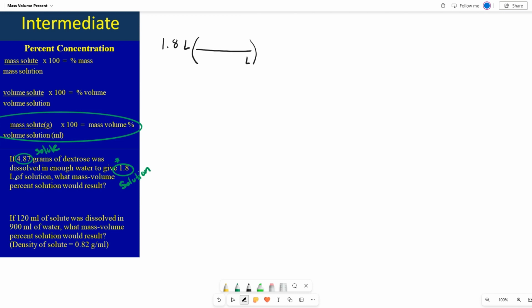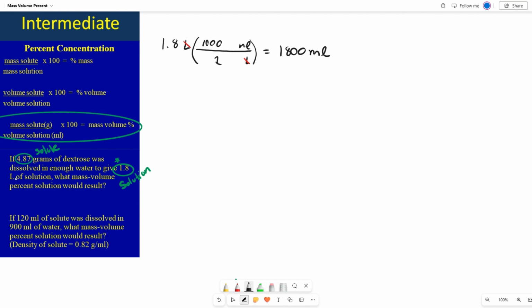We'll put liters on the bottom, milliliters on the top. 1,000 milliliters for every 1 liter. So we have it set up so that liters and liters cancel out. If we take 1.8 times 1,000, that will give us 1,800 milliliters.